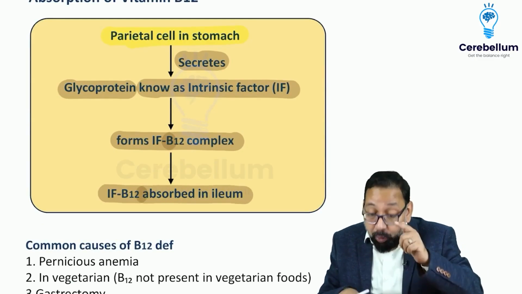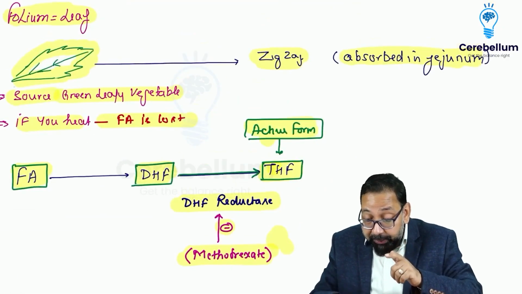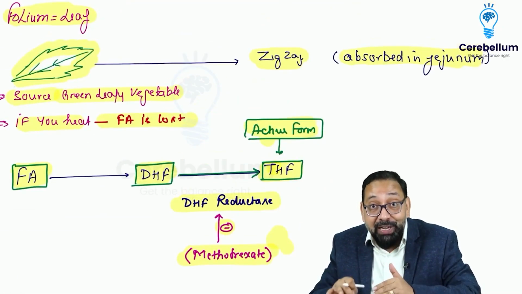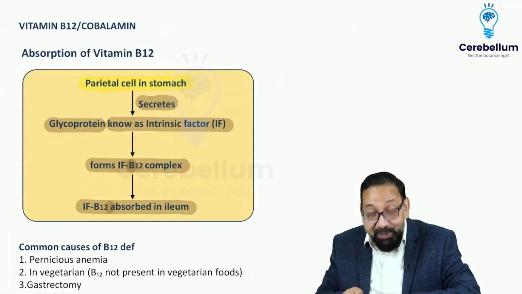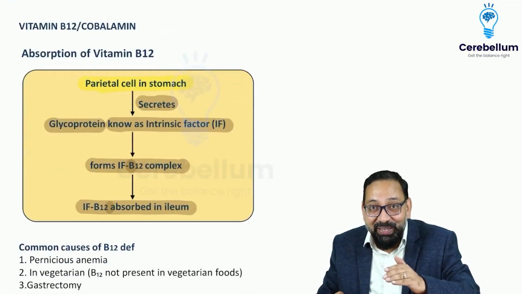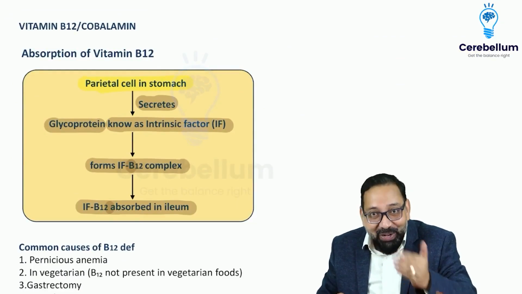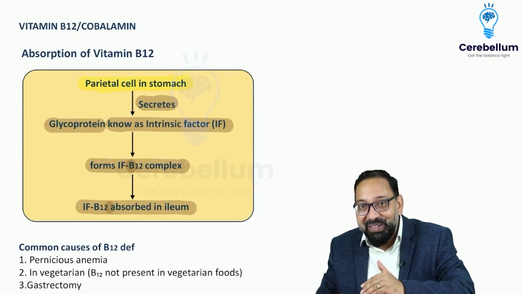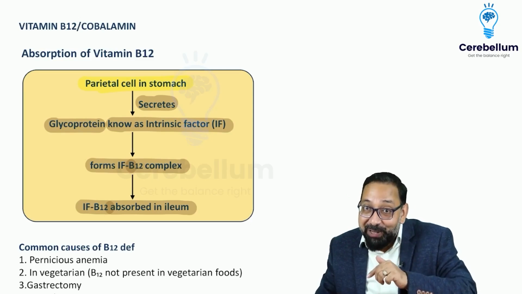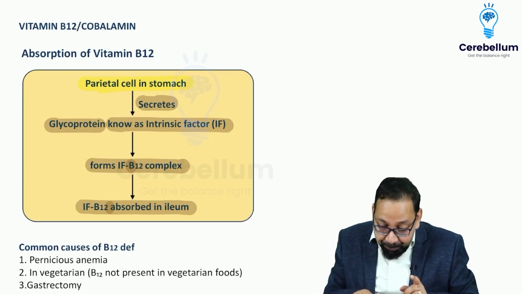Point it out: folic acid is absorbed in the jejunum, the first part of the intestine, and the next part, the ileum, absorbs vitamin B12.